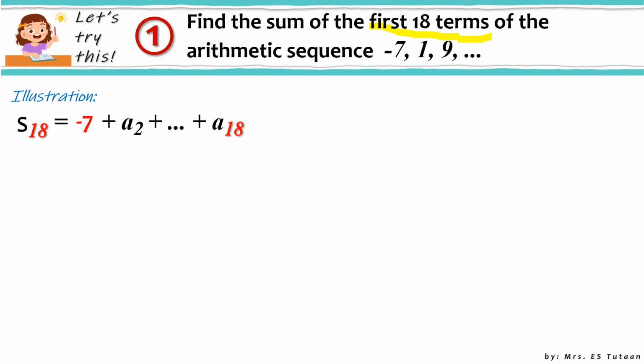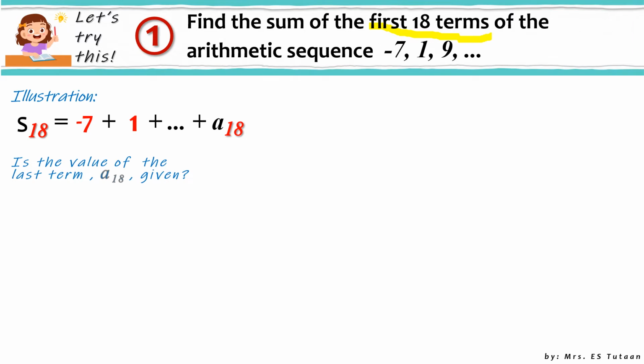So, ano nga ba yung ating A sub 1? Ang ating A sub 1 ay negative 7. Ang A sub 2 ay 1. Ang A sub 3 natin ay positive 9. So, okay lang na hindi natin isulat kasi meron naman tayo dyan, dot. So, ibig sabihin, yung terms in between ng second term at 18th term.